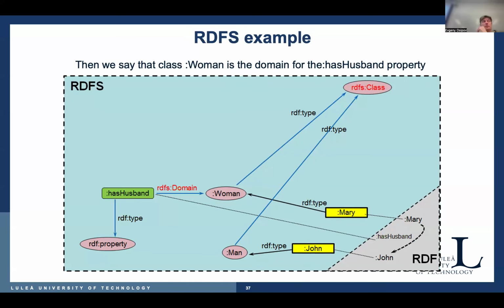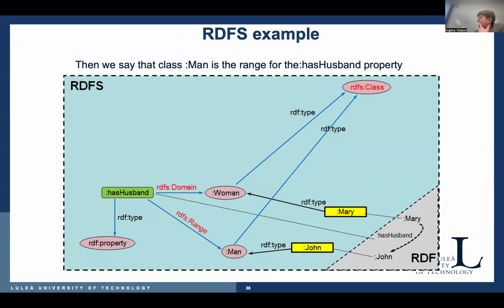And a property itself is an object, so it has a domain on which it acts, the concepts of woman and man. Well, no, has husband is a property of woman, and in this very case, it specifies the range as man.